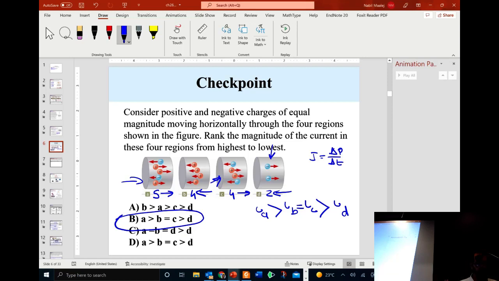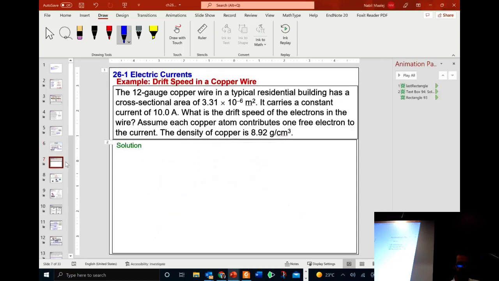So the standard that we take for current is the flow of positive charges. I know it's a little bit confusing because in reality it's the free electrons that are moving, but just so that you can deal with this.